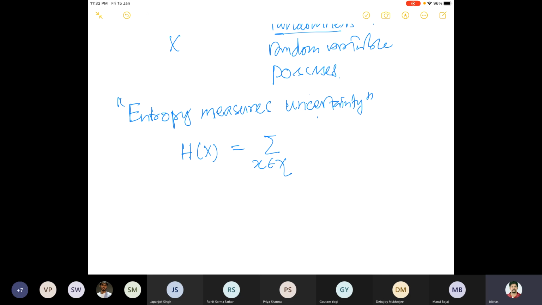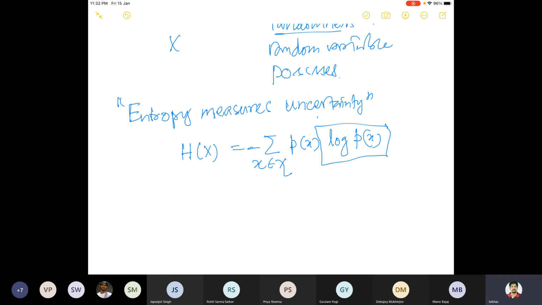So then it is very easy to identify: this is the sample space corresponding to X. So p of x, log p of x. Another way to look at this is as a function of p of x, a function of the random variable X. This is another way to look at the same thing.